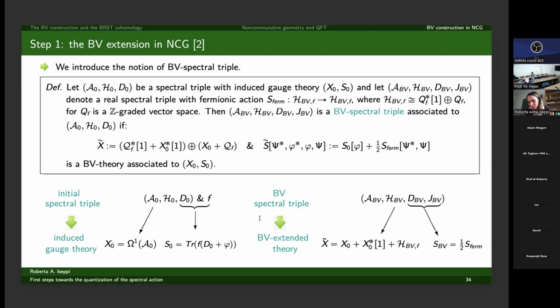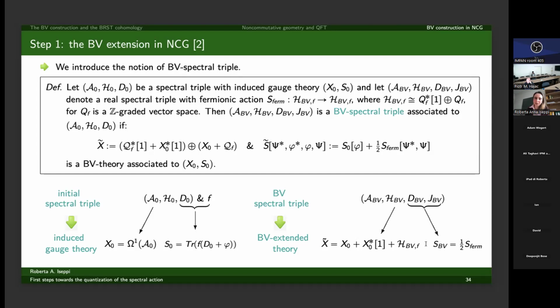The way you construct a BV extended theory, given a BV spectral triple, is by looking at the Hilbert space. The Hilbert space is the one providing you with the ghost sector. So this H_BV represents the ghost and anti-ghost sector. And then this new operator, this D_BV, is the one that determines the fermionic action. The fermionic action describes the extra bit that you need to add to S0 to obtain S tilde.